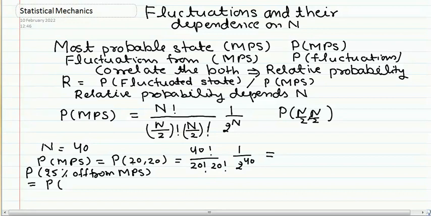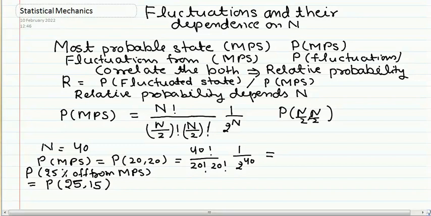What is 25% of 20? 25% of 20 is 5. So 5 off means now the distribution will be 25 and 15. If we have 40 particles, then the most probable distribution is 20-20.